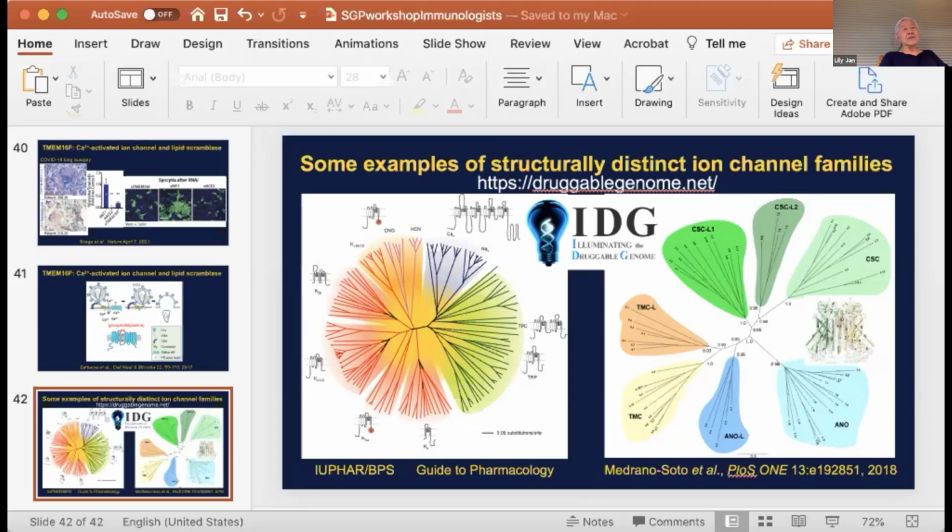And that turned out to be a fairly quick experiment because the advantage of the tiny little fly is the larval muscle is isopotential, so you don't have to move around, look for the synapse. Anywhere you poke, you see the synaptic potential.